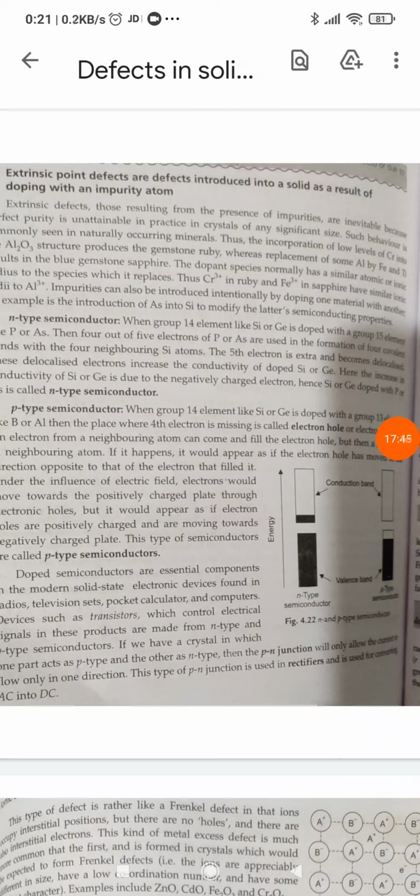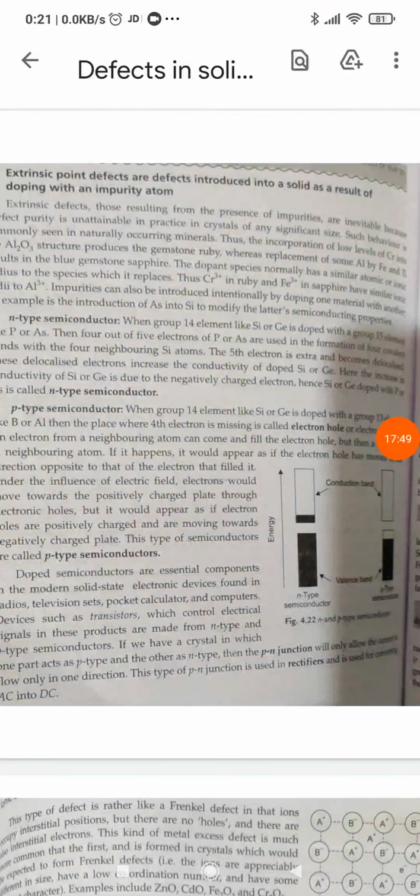Then p-type semiconductors. When group 14 elements like silicon or germanium are doped with a group 13 element like boron or aluminum, then the place where the 4th electron is missing is called an electron hole or electron vacancy.